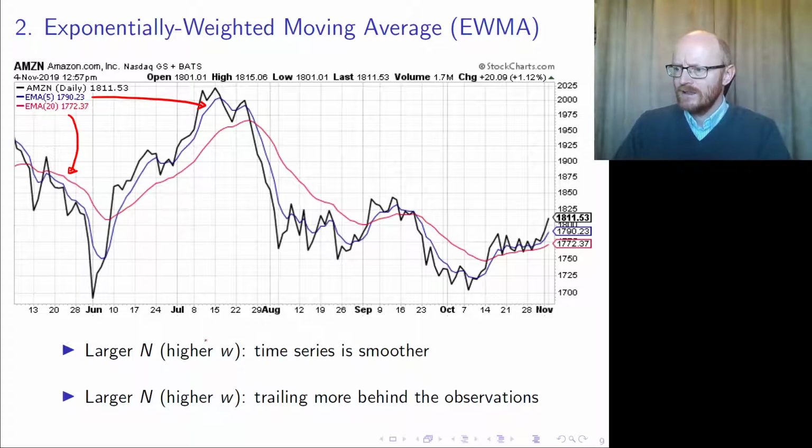Okay, so the larger the N, the higher the W, the smoother the time series, and the smoother the time series, the more it's trailing behind the observations.